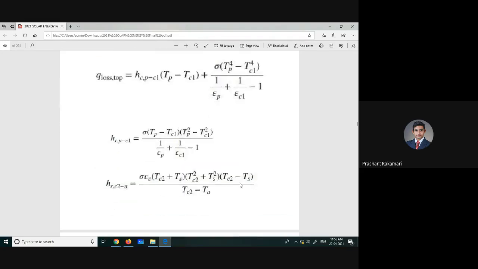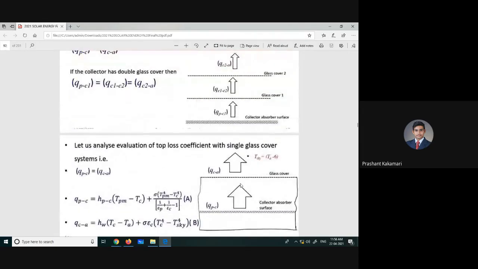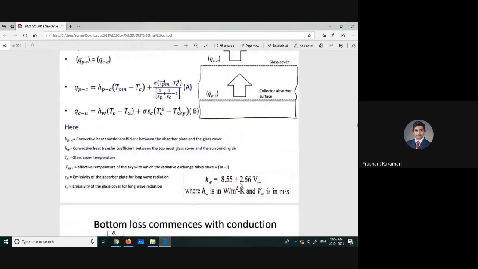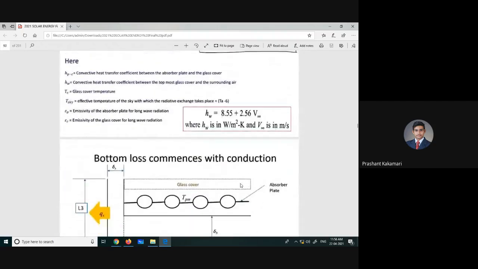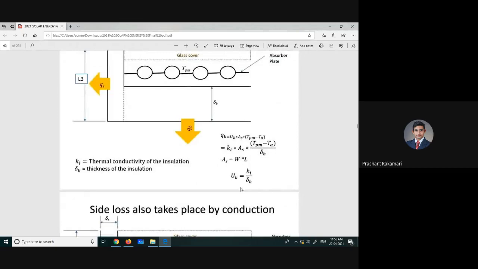So depending upon these radiation equations, all these heat losses from the flat plate collector are taken into consideration to find the overall loss coefficients. So overall loss coefficients to come with a clear picture.